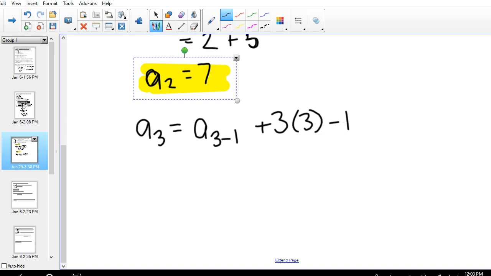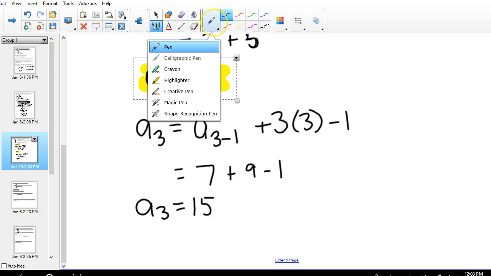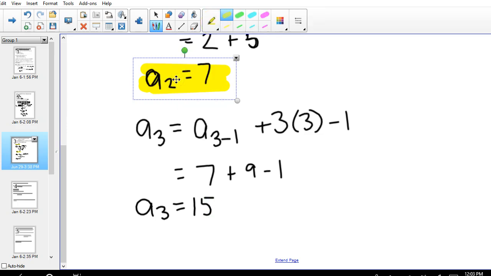I'm going to do this in my head a little more than I did the last one. What is 3 minus 1? It gives us 2, so that means we're looking for a sub 2. What was a sub 2? It was 7. So we've got 7 plus 9 minus 1. And when we do that, we get a sub 3 equals 15. So this will be our next one here.